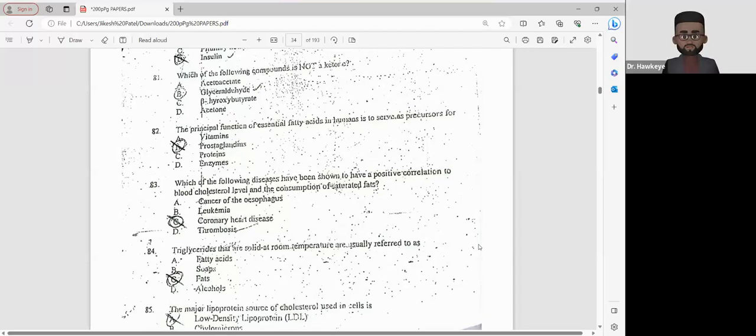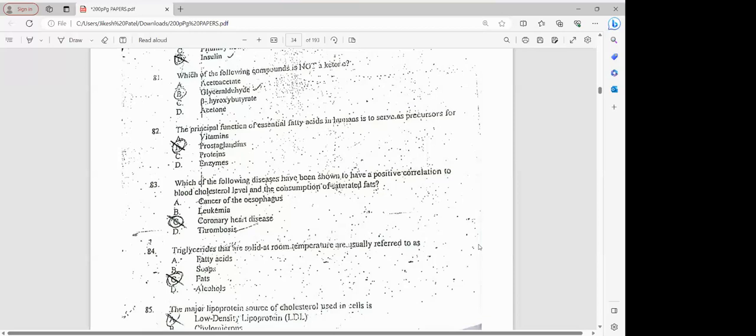Then vitamins. The different enzymes, I guess. Vitamins. Essential fatty acids. What's an example of an essential fatty acid? I feel like I'm forgetting. Is it acetyl-CoA?